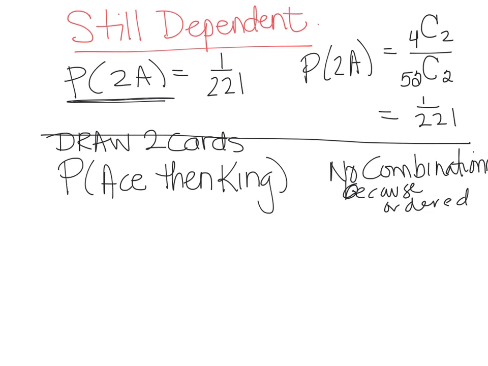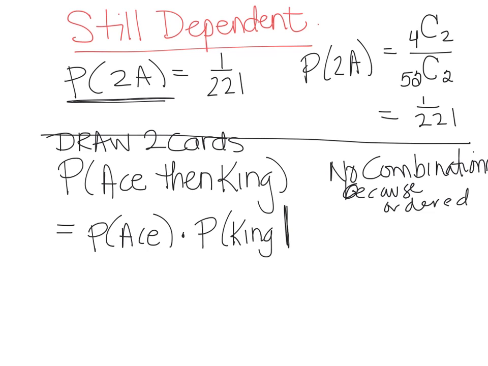Okay? Watch what happens here. It's going to be, according to my formula, I take the probability of the ace times the probability of the king, given that vertical line, given that the ace was already drawn. So let's calculate this probability of getting an ace on the first card. That's 4 aces out of the 52 cards available.